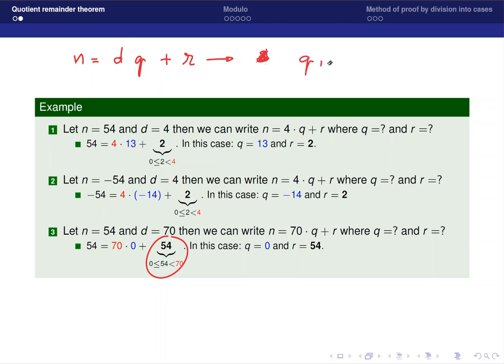The quotient and the remainder are both integers, and typically we don't know what the quotient is and we don't really care, but we like to focus on the remainder, and the remainder is guaranteed to be greater than or equal to 0, but less than the divisor. That is probably the most important part of the whole theorem for what we want to be doing in this section.